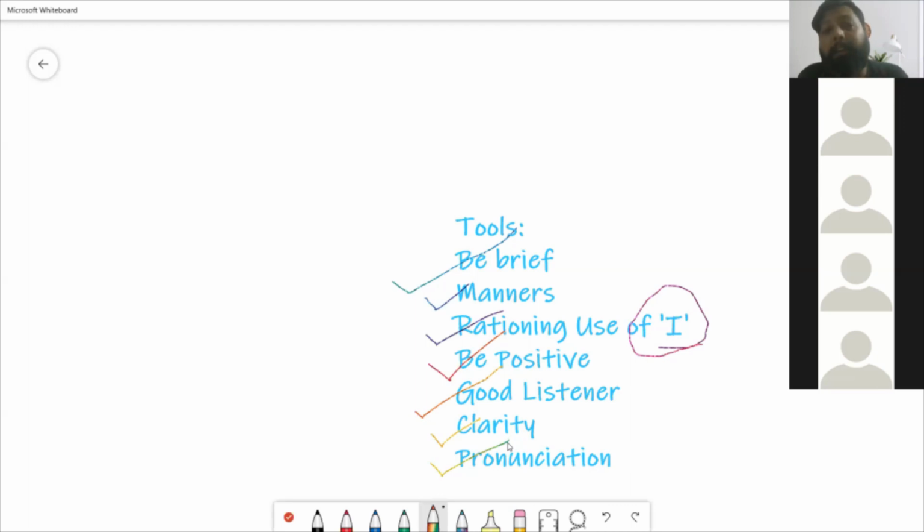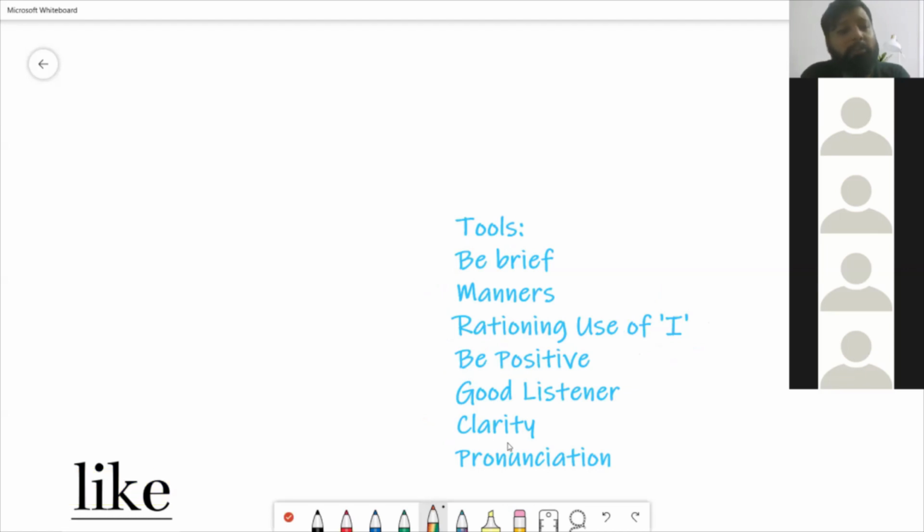Hence, this is again something that each one of you needs to take care of, as long as you want to be the person who gets to talk to everyone in the room. If you want to be the person who is liked by everyone, gets to solve everybody's problem, is the only person that people will go to if they are in a problematic situation, then you ought to be somebody who can pronounce the words correctly and can be clear in his or her idea, right?